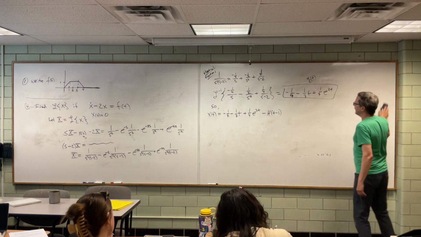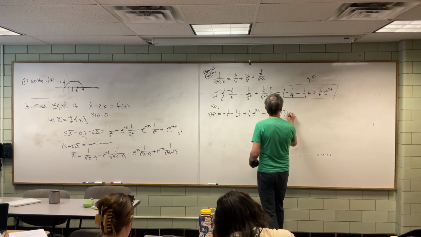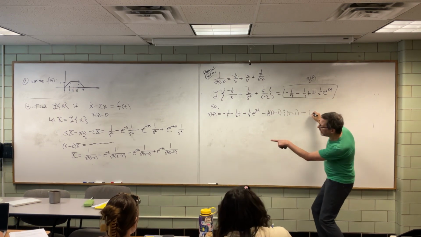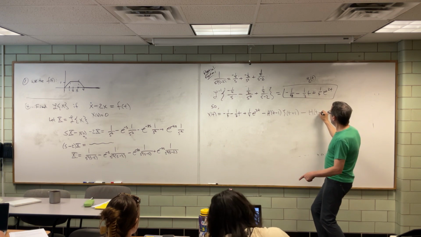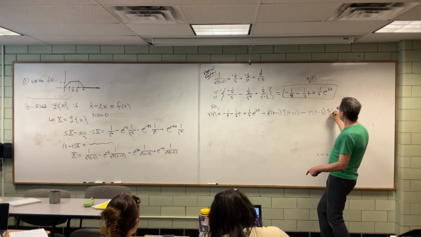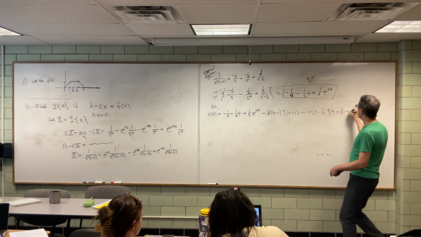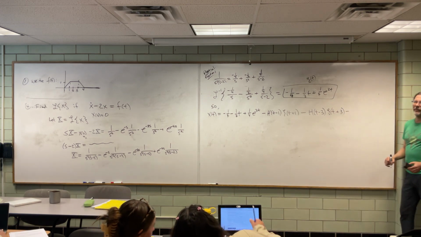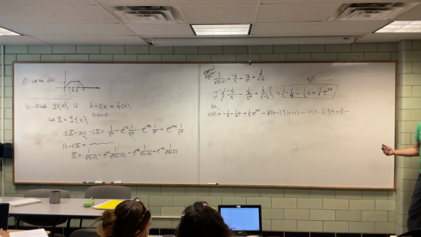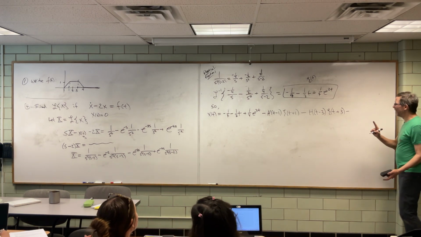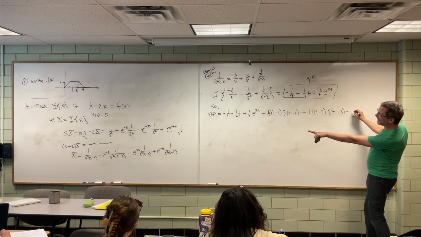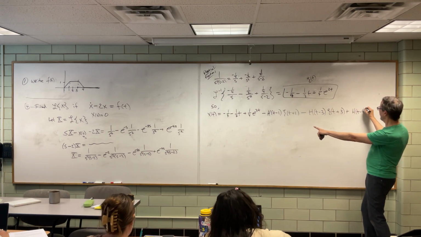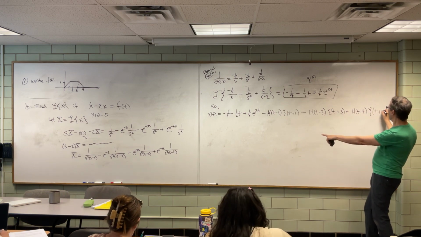So this is going to be c of t plus 1, then minus Heaviside of t minus 3, c of t plus 3. See why we're not doing this in class? How many problems could I put on the final if we did it in class? One. And then plus Heaviside t minus 4, c of t plus 4.